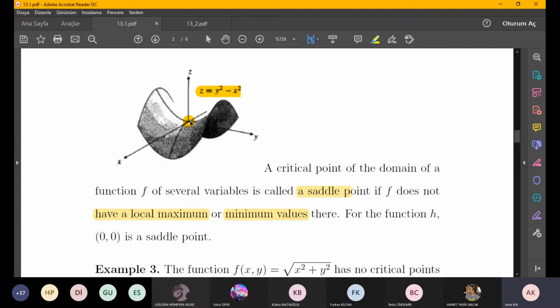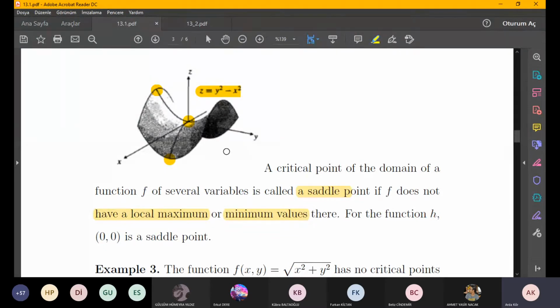So as you can see, it is neither a local maximum nor a local minimum, because here if you just try to compare for the other values of the domain of h(x,y), for example, any value here will get a value less than h(0,0), and also let's just give as an example, any value that function gets here will be more than h(0,0), more than 0.